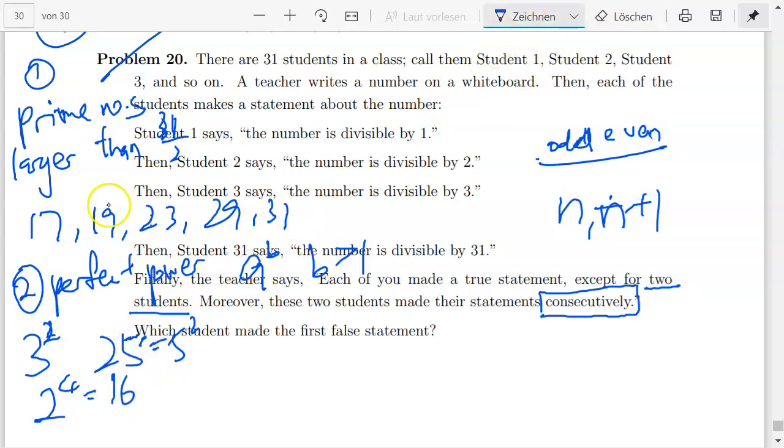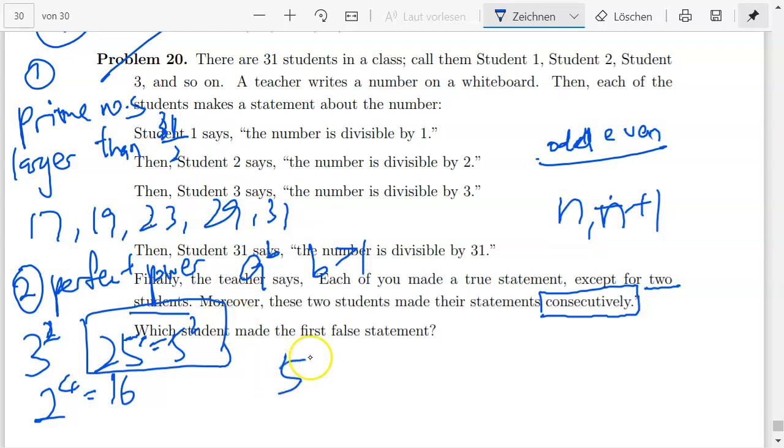Okay, so why can we say that these numbers maybe cannot fully divide this whole number? One possible statement might be because maybe take 25 equals 5 squared as an example. Maybe say this number is divisible by 5.